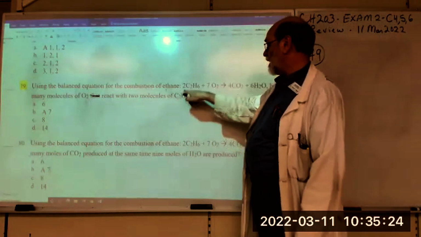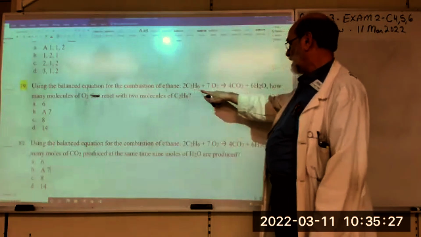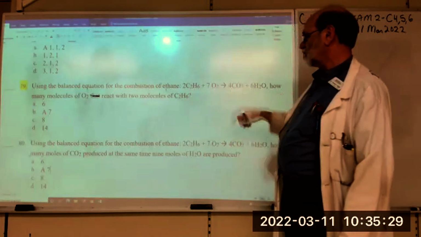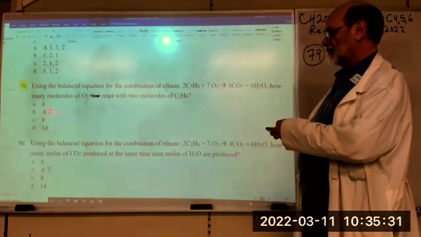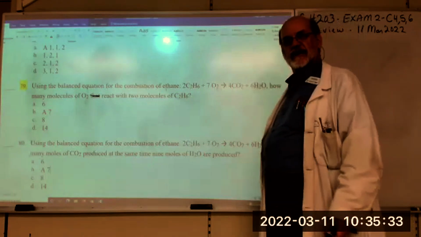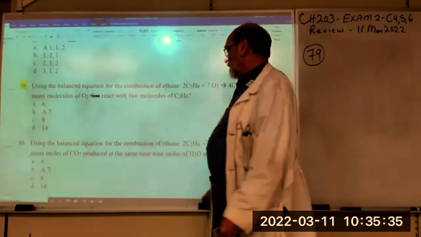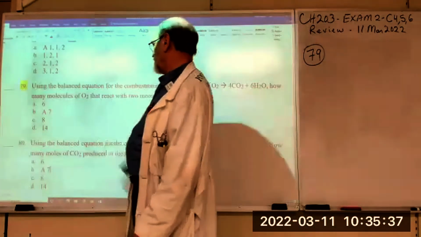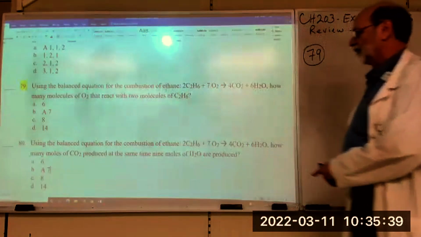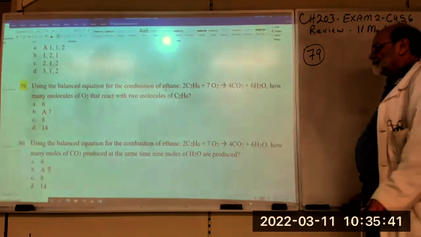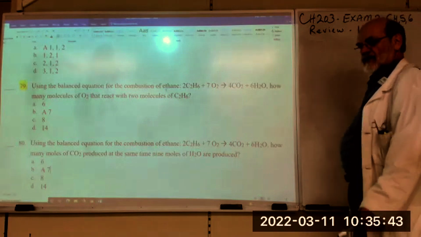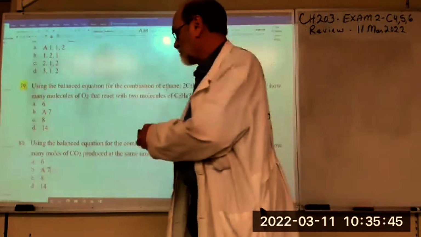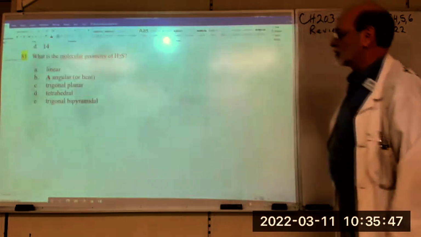Well, 2 molecules here means 7 molecules of oxygen. There's no calculating to be done there. Just read the coefficients, even though the prose is wrong. Grammatical errors. Let's see. Okay, we'll do this one.